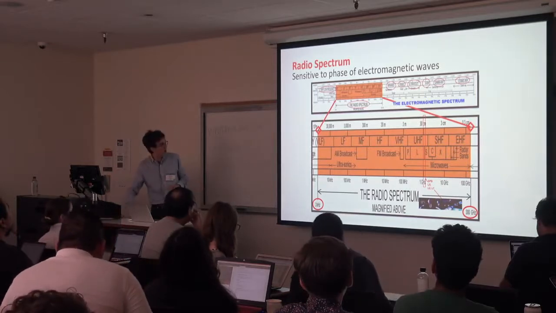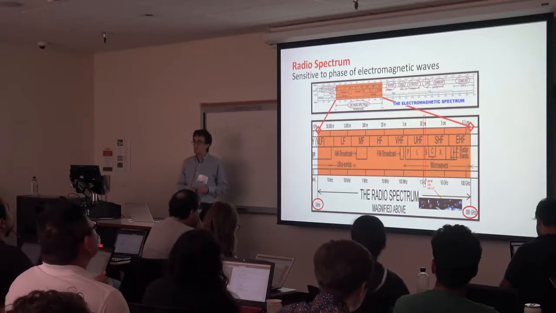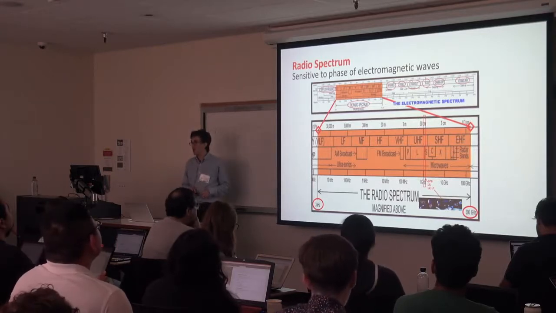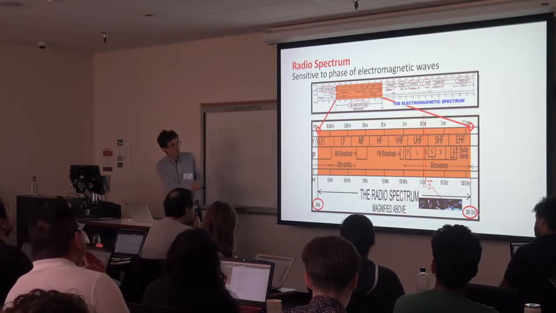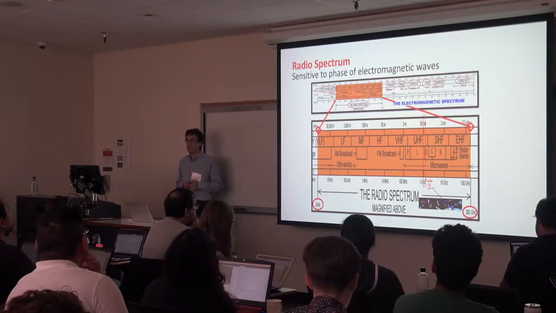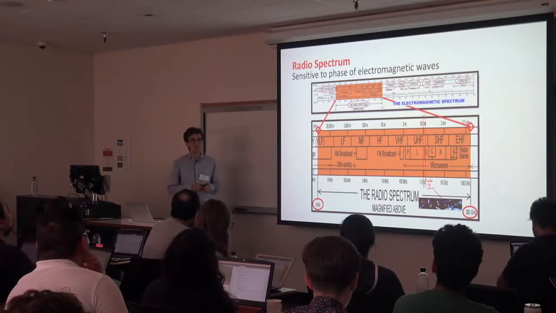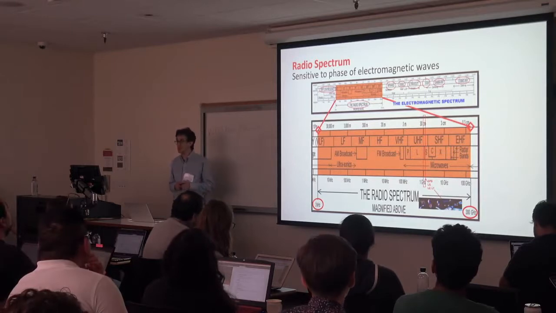So basically, all you need to know is that from about 3 kilohertz on this plot, or if you're looking out into space from a frequency of about 10 megahertz, all the way up to about 300 gigahertz, we can call it radio astronomy. And the main distinction with radio astronomy compared to other types of astronomy is that you are sensitive to the phase of the electromagnetic waves.